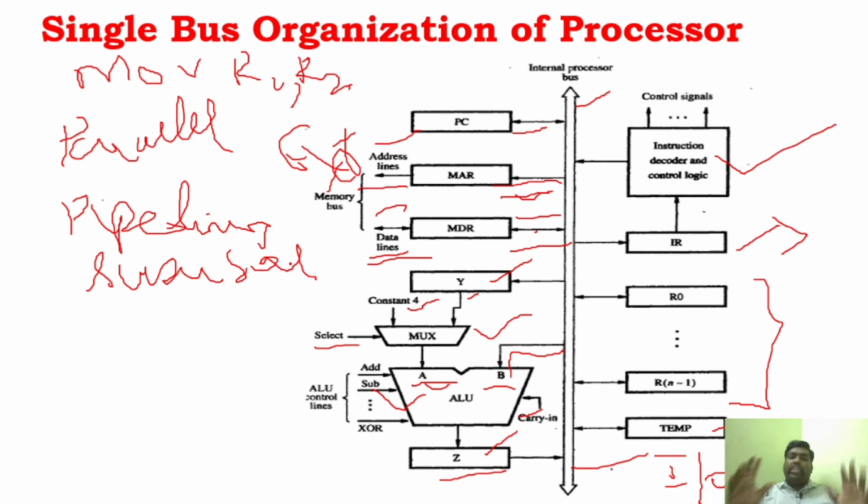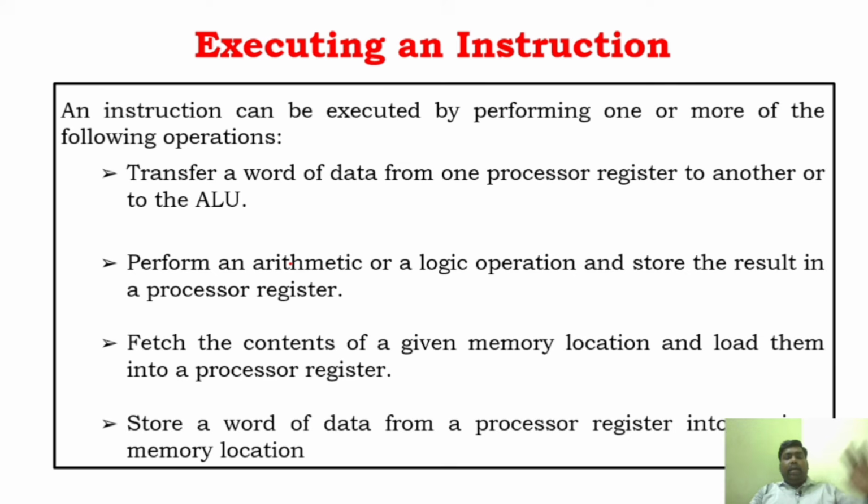This is what you have to explain in single bus organization. If you want to execute any particular instruction, you will have all these operations. One is fetching the instruction from the memory, fetching the data from the memory, and then moving the content from PC to IR, from one register to another register.